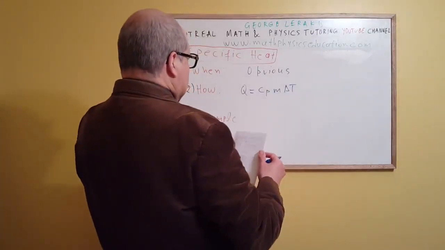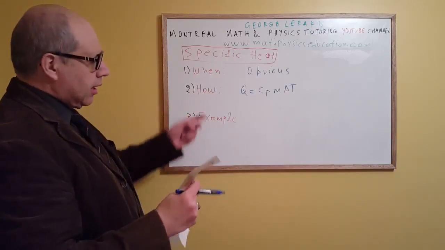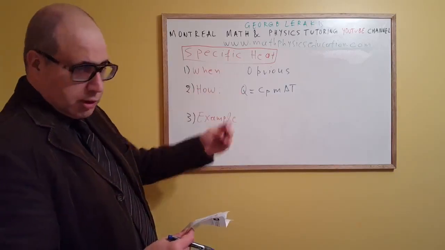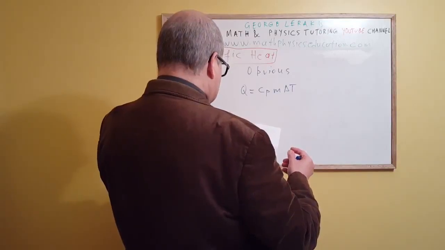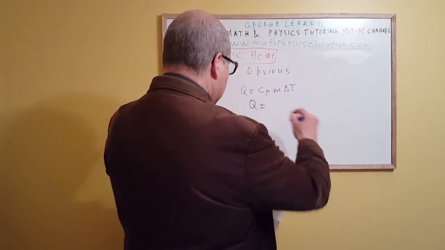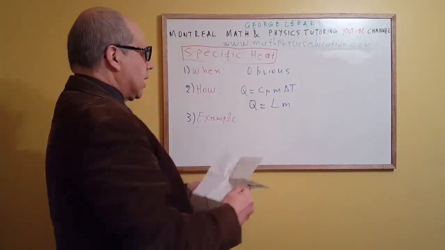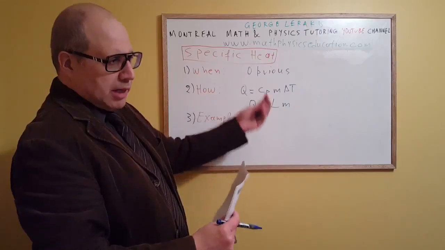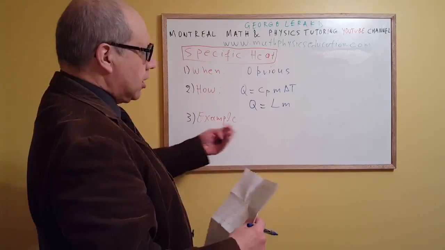The second formula is for when the material changes state, like going from gas to liquid to solid and vice versa. In this case, the formula is Q = Lm, where L is the latent heat of the material and m again is the mass of the material that is changing state.